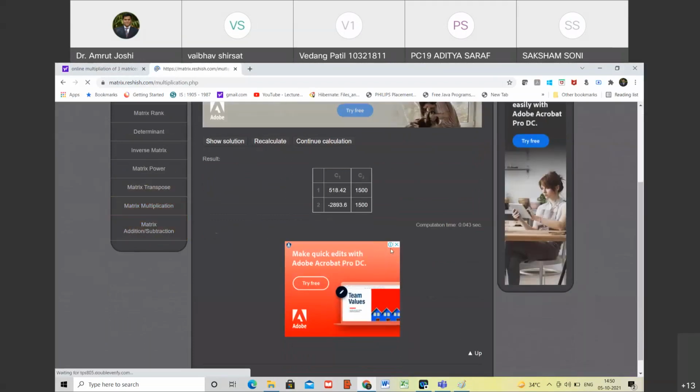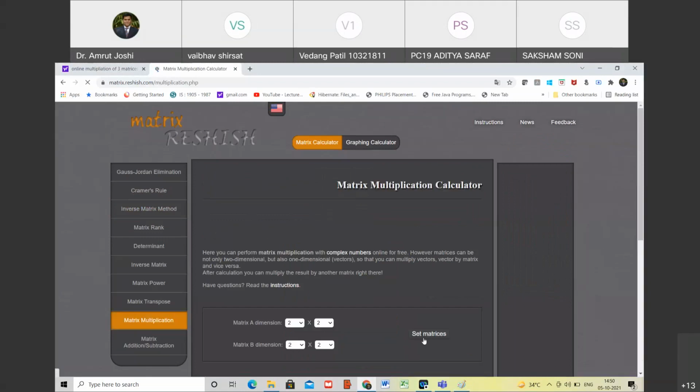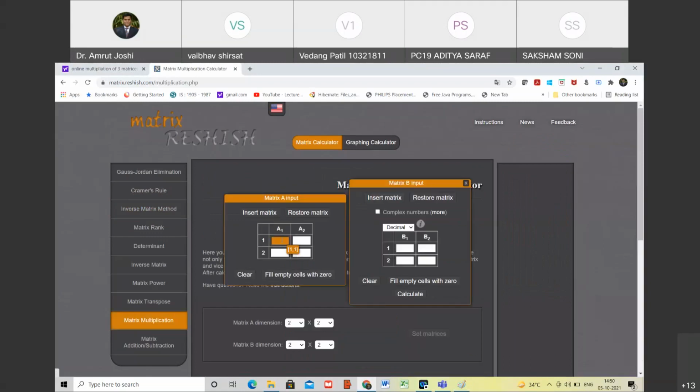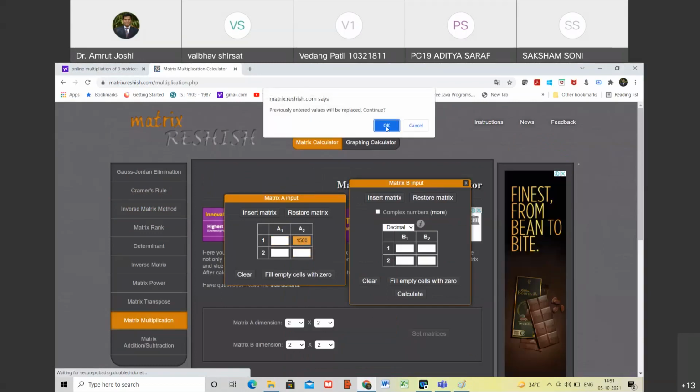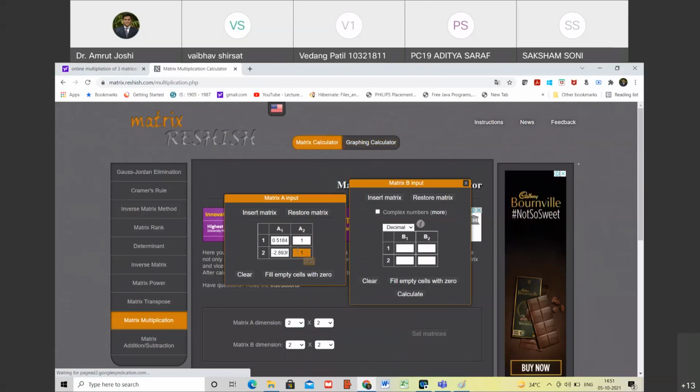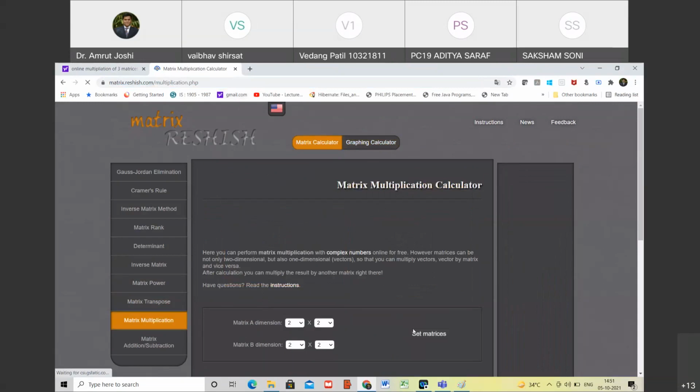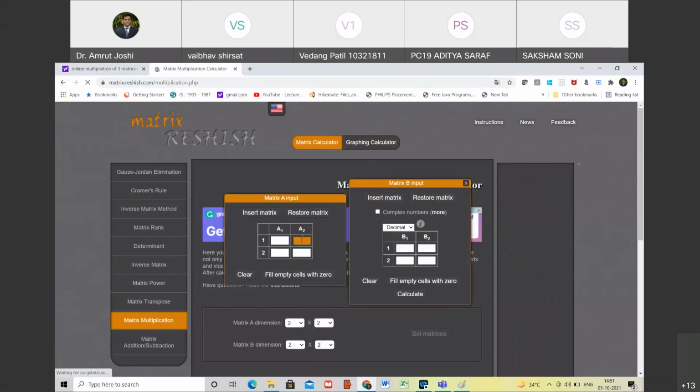So let us go to matrix multiplication, 2 by 2 into 2 by 2. Tell me that phi transpose M matrix once again. So we can just click on restore matrix. Maybe we can get the same. No. Okay. Matrix multiplication. This is 1500.